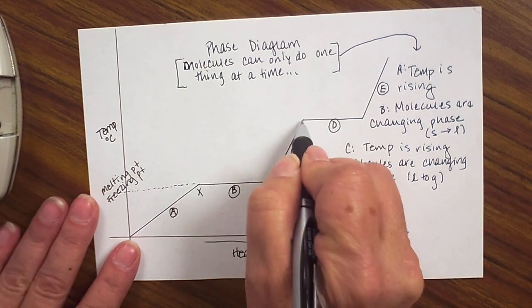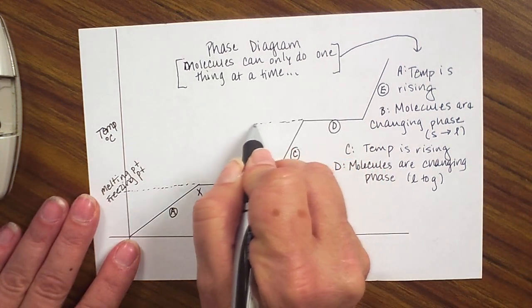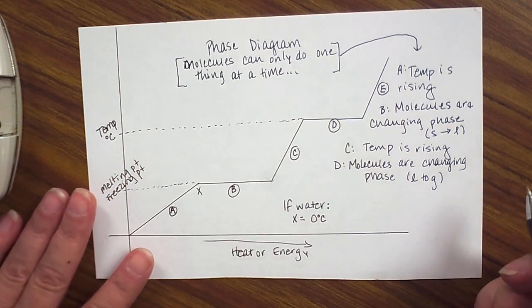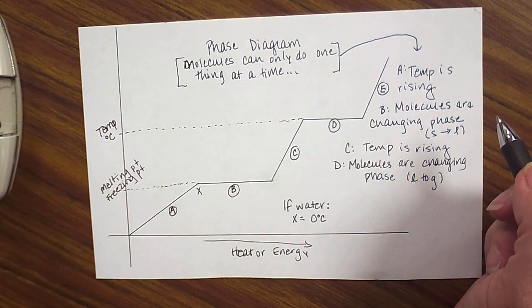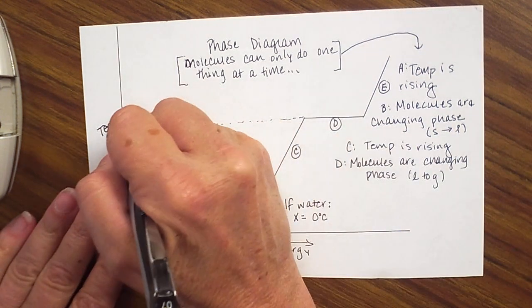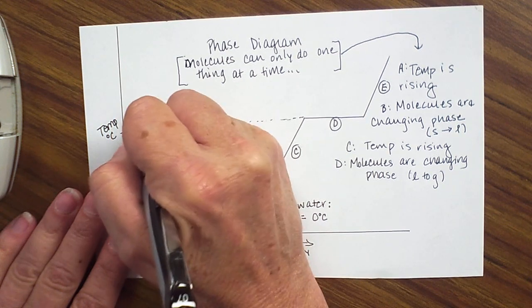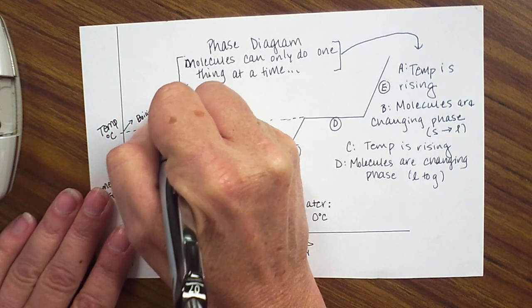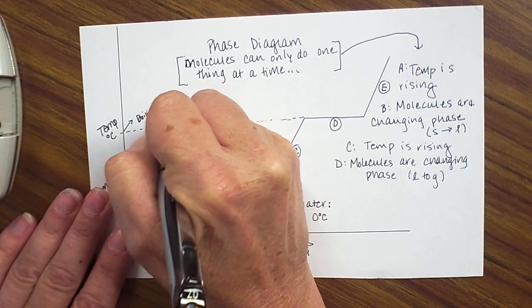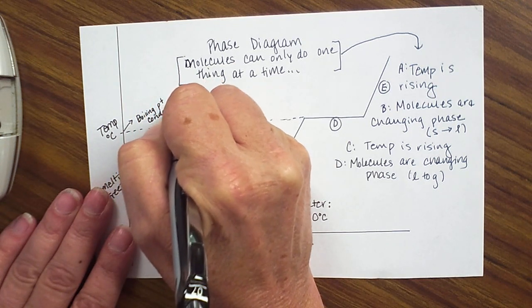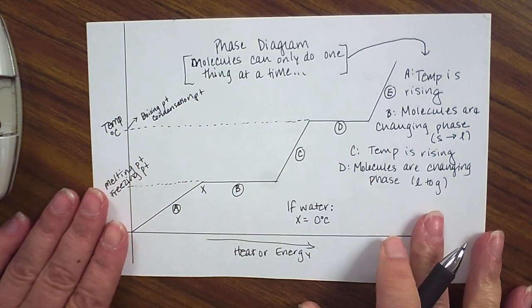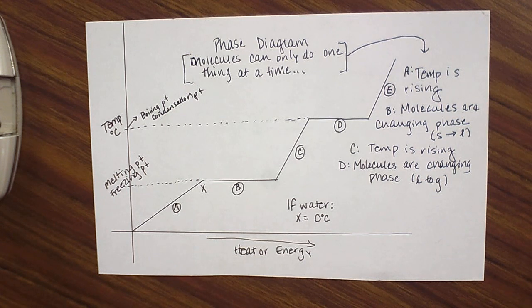That's right, which makes this point here, if I bring this over, that point here is called what? Yep, is called the boiling point or the condensation point. The boiling point or the condensation point.